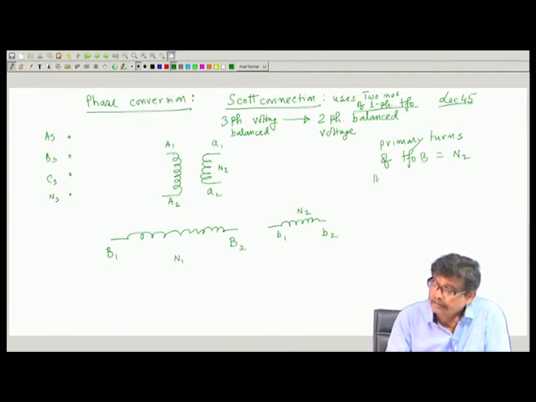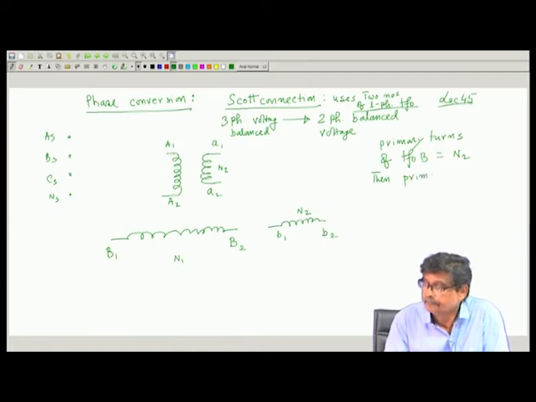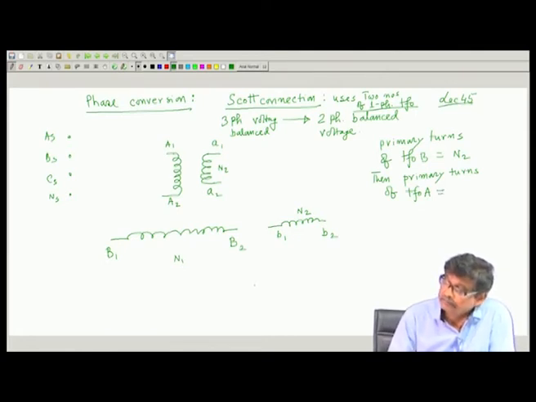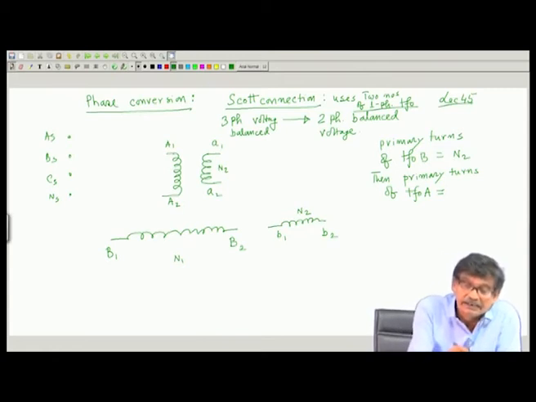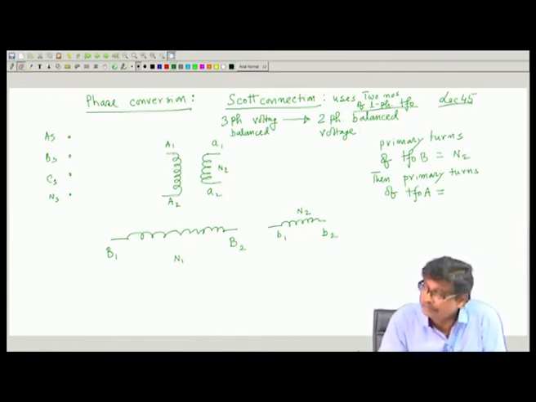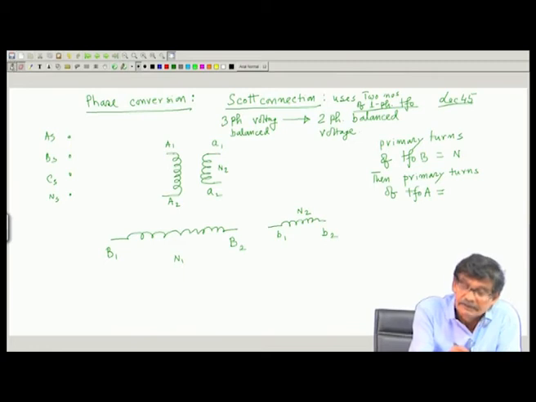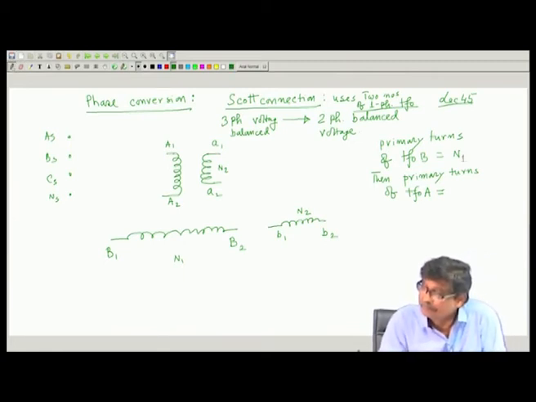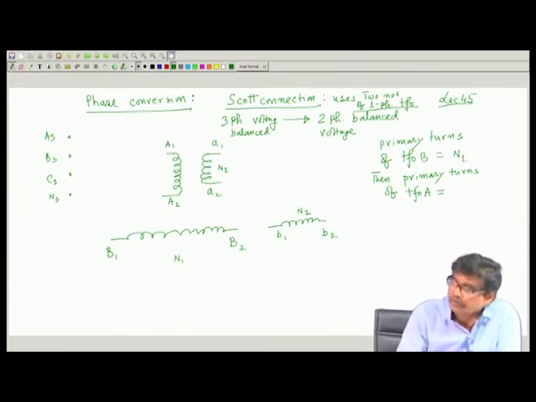Then primary turns of transformer A should be root 3 by 2 N 1. Let me write why I have written N 2, N 1: primary turns N 1, these 2 are N 2, N 2 secondary.